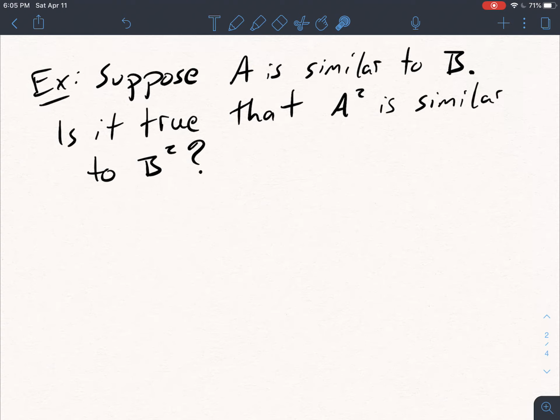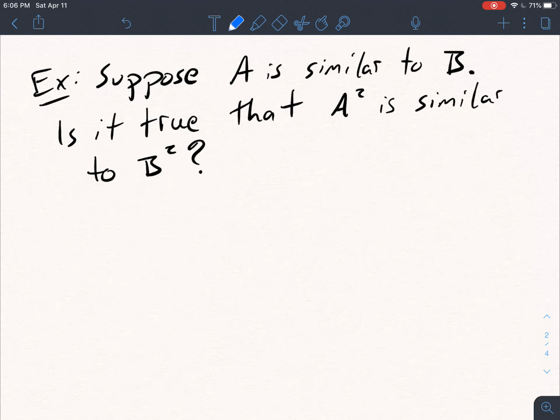If we had no idea where to start with this problem, maybe we would start by computing some examples. Maybe we would take the 2x2 example that we talked about at the end of the previous video, and take our matrix A that we started with and square it, and then also take our resulting matrix, which was equal to P times A times P inverse, and square that, and see if we're getting the same thing.